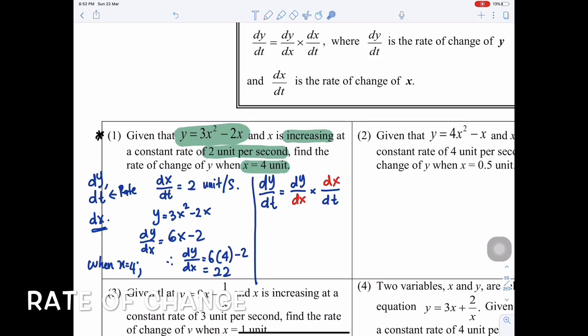From the information given, we have data for dx/dt, and dy/dx. Then substitute the values, 22 times 2. So the answer for the rate of change of y equals 44.